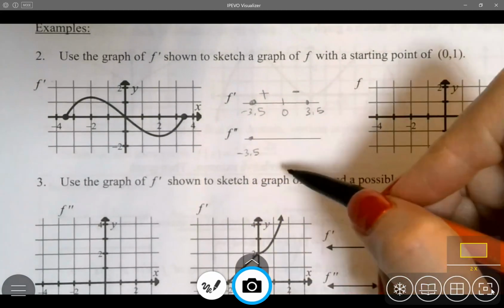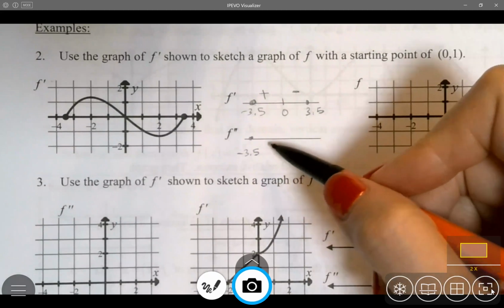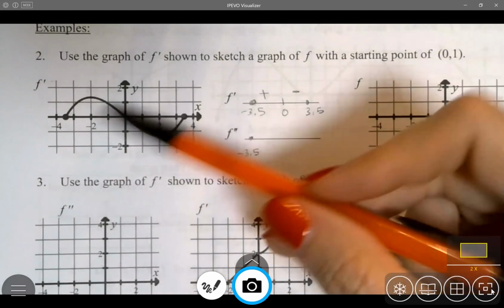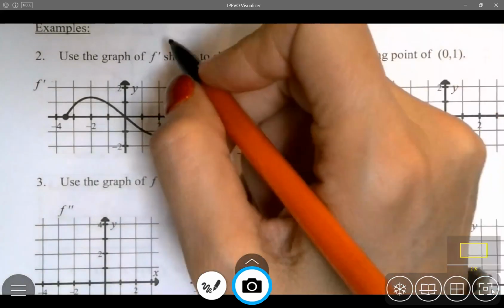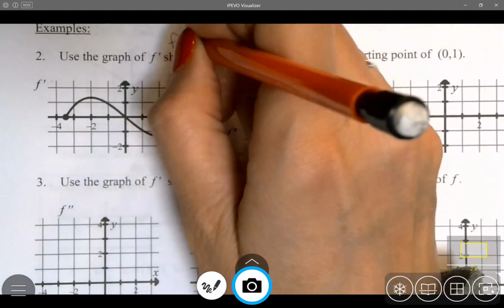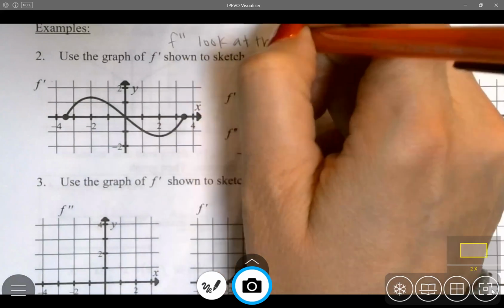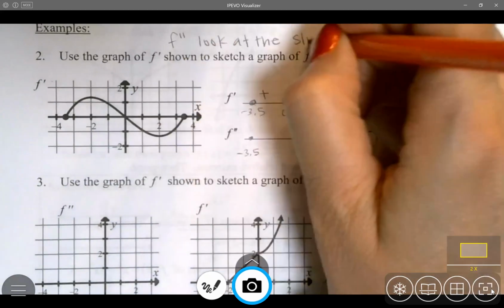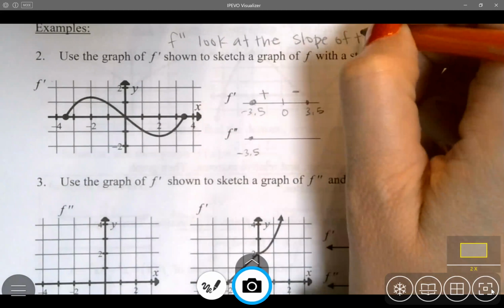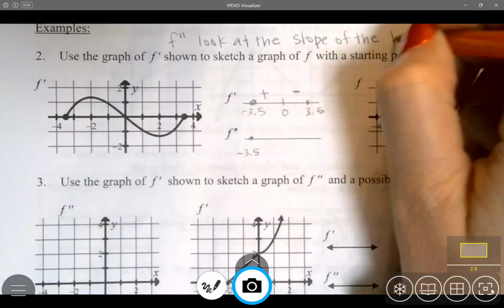Okay, so now I'm still going to be starting my second derivative at negative 3.5, but for my second derivative, I'm looking at the slope of the first derivative. So let me write that down up here. For the second derivative, you look at the slope of the first derivative.